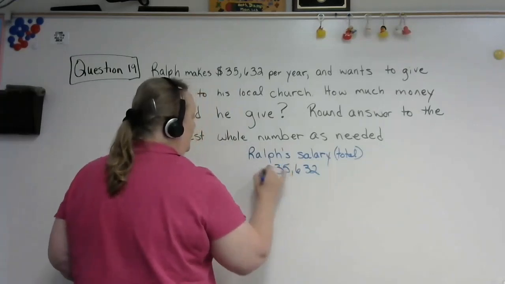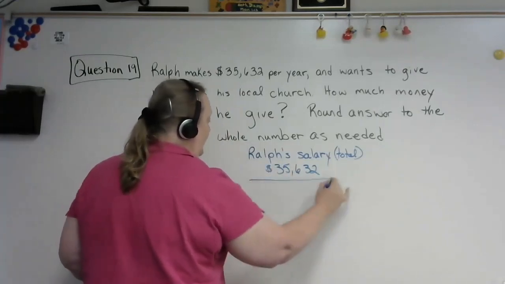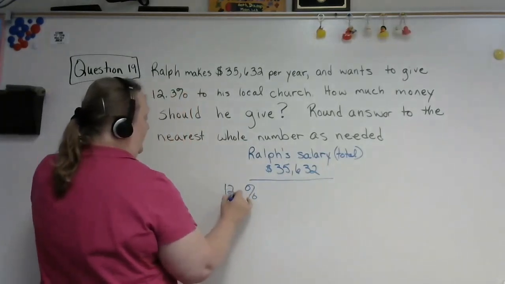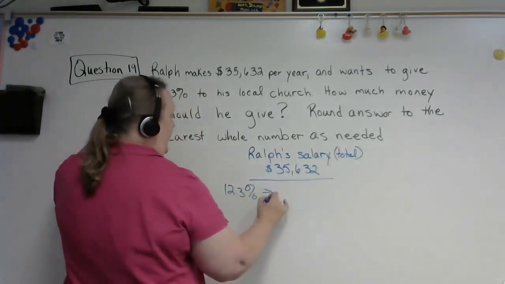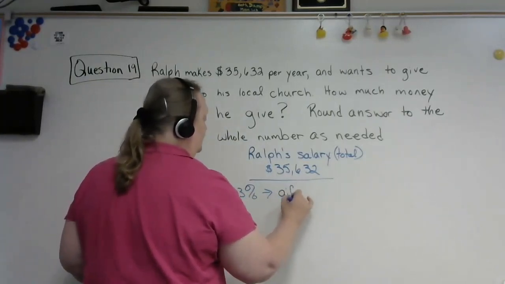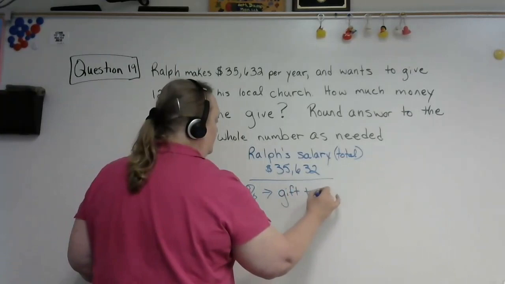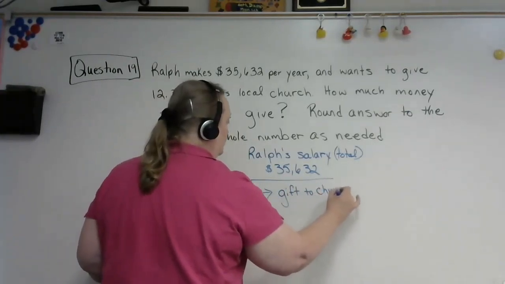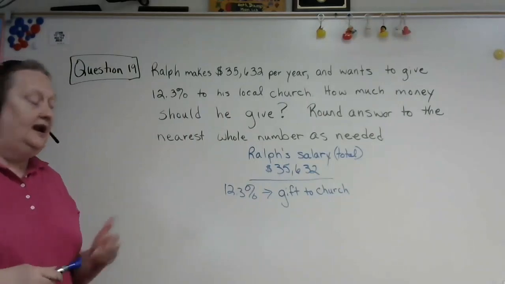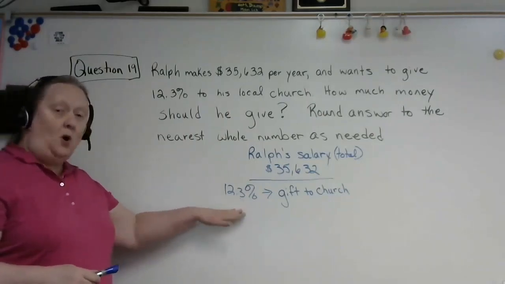Then out of that salary, there'll be a percentage of it, which in this case is the 12.3%. And that 12.3% is going to be his gift to the church. And so we need to figure out what that gift is, and it is part of it.